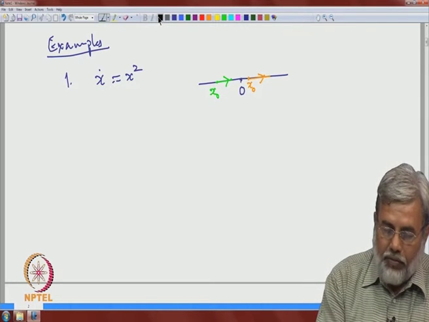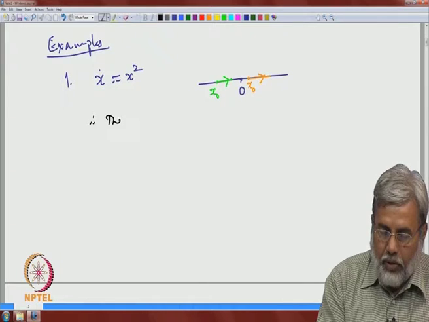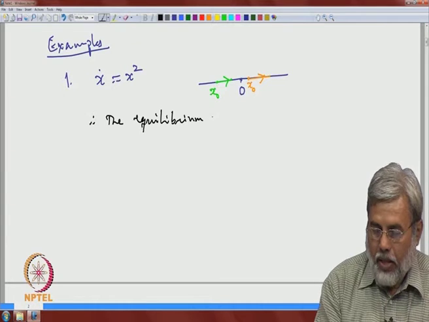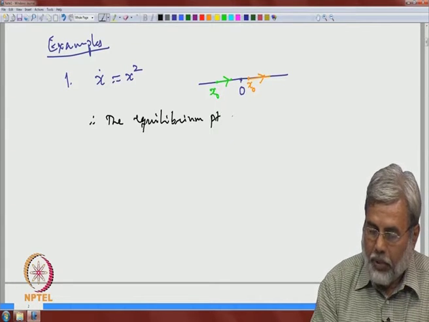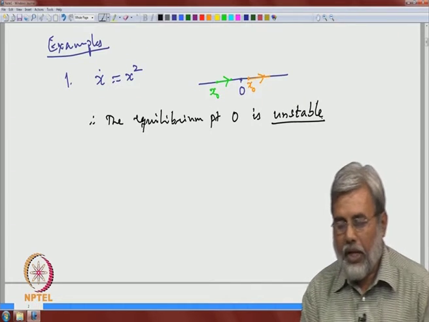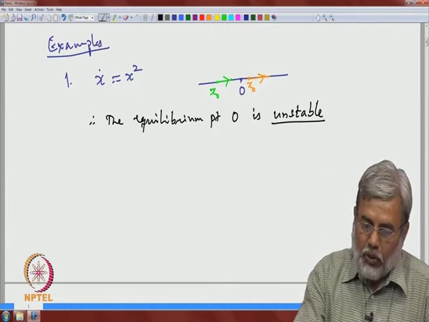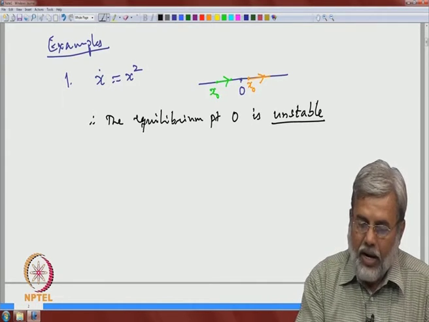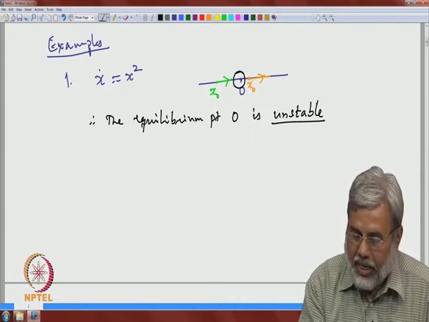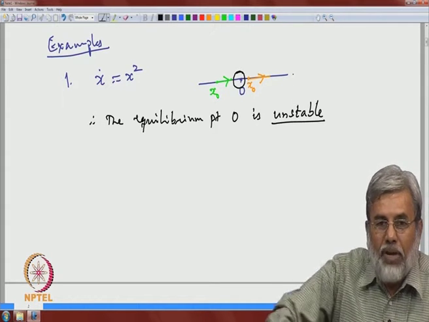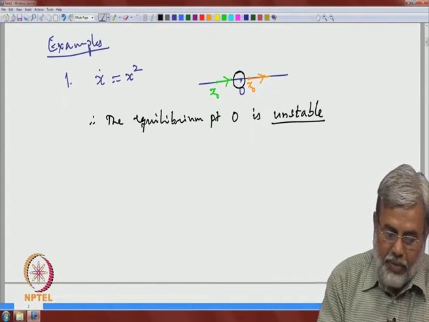Therefore, the only equilibrium point 0 is unstable. Just look at the definition again. For stability we want the solution to remain all the time in that neighborhood, but here on the right side of the origin the solution moves away from 0. That is why it is unstable.